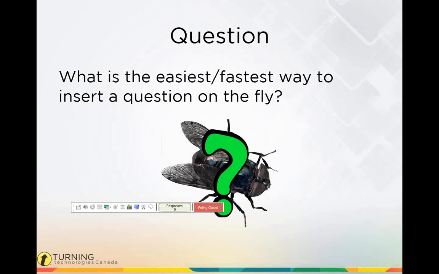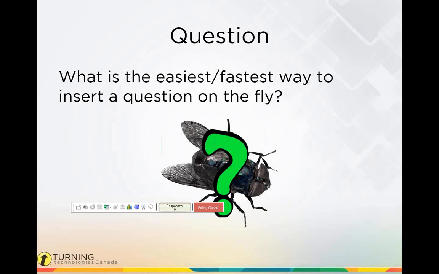You do have the ability to do this at any time throughout your presentation, whether it's from a polling slide, so you could poll a question, and then based on the results, say, okay, let's poll another question. So you can do it immediately following a polling slide you already have. You can also do it from any standard PowerPoint presentation slide in your presentation as well.